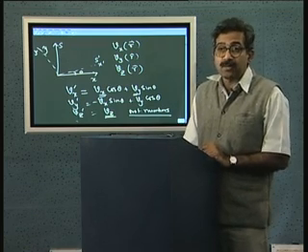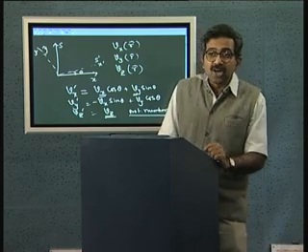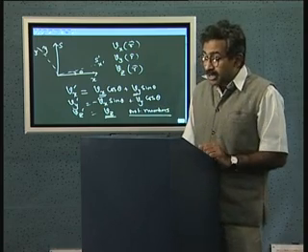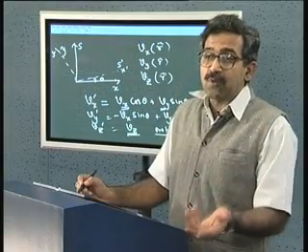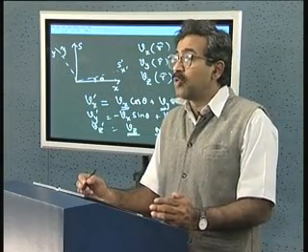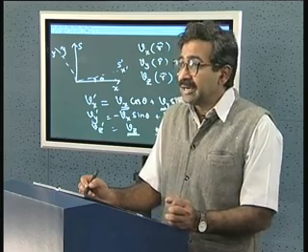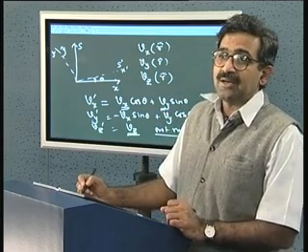And so is Vz prime written as a function of x prime, y prime, z prime. If I did not do that, then I would not be doing a complete job, because I have rotated my coordinate system. I claim to have gone to a new coordinate system, but then I am still employing the old coordinates, and that is as unacceptable as trying to use the currency of one country in another country.